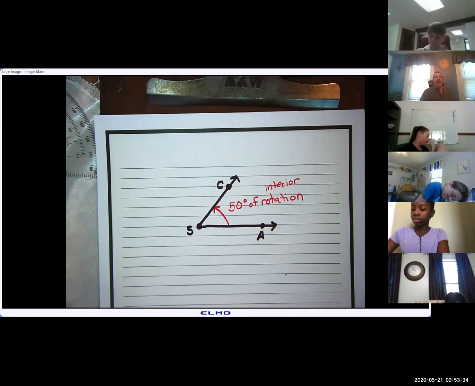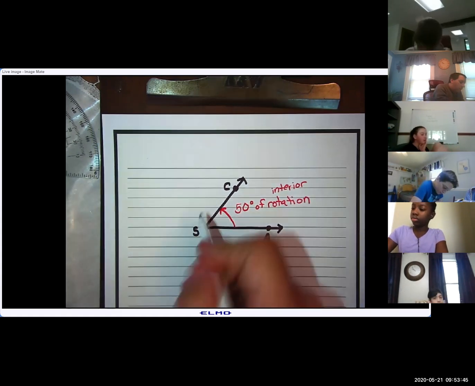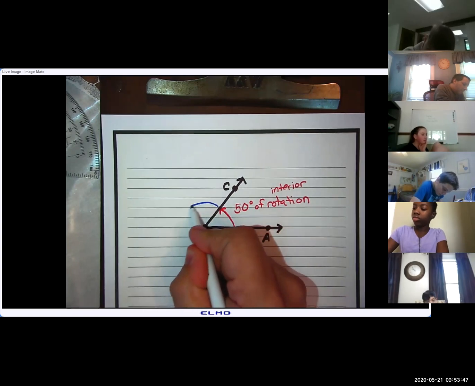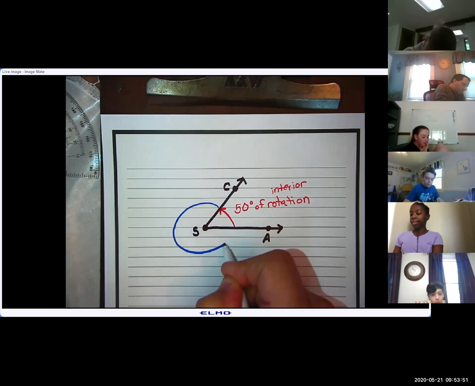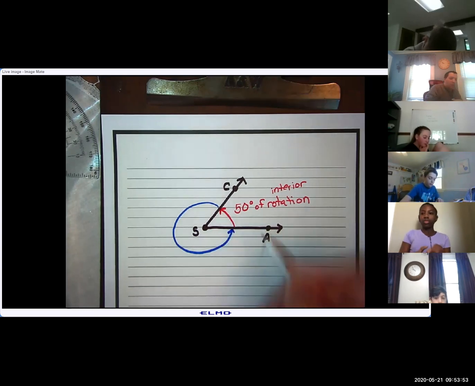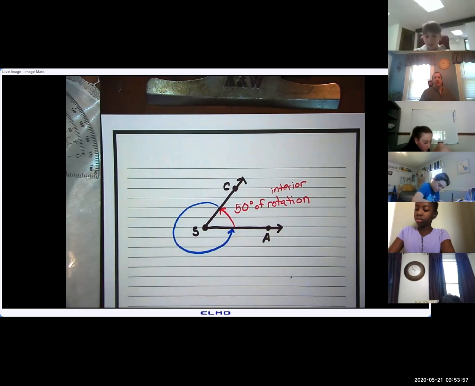Understand that that angle is part of a circle. Circles have 360 degrees. If I were to continue going all the way around, it would make a circle. I need a mathematical genius right now.